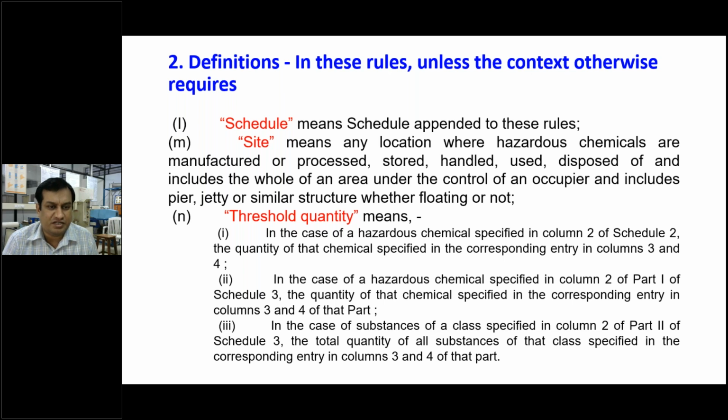That threshold quantity is nothing but the maximum or permissible quantity by the MSIHC rule. These are simple examples where it is given in schedule 2, then in schedule 3, in different columns and different parts. When we discuss the schedules, we will see what exactly part 1 and part 2 are, and what exactly columns 1, 2, 3 and so on are.